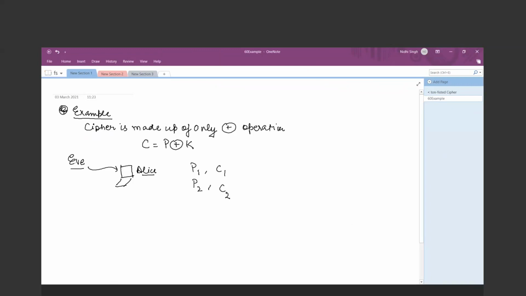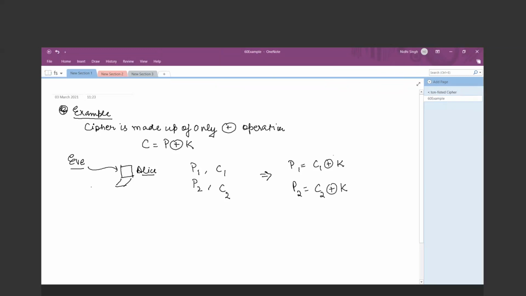And Eve knows that the ciphertext is made up of the XOR operation only. So in that case, the relationship can be established like P1 equal to C1 XOR key and P2 equal to C2 XOR key. I'm not using K1 and K2 because my cipher key will be the same.